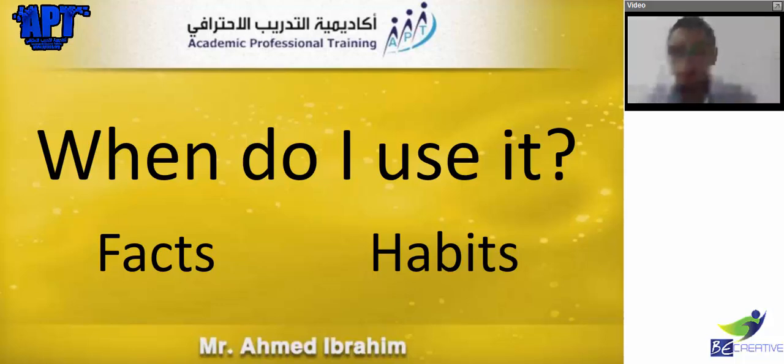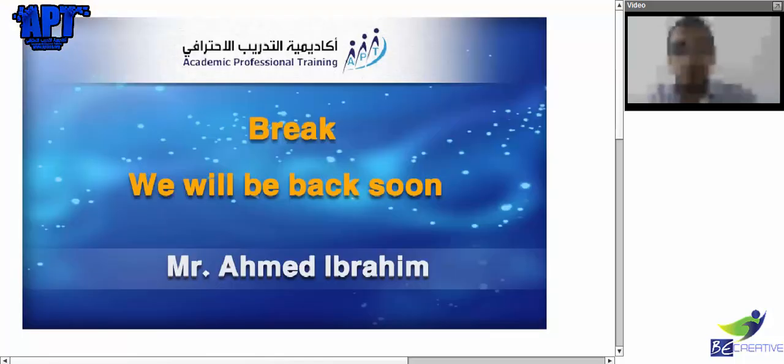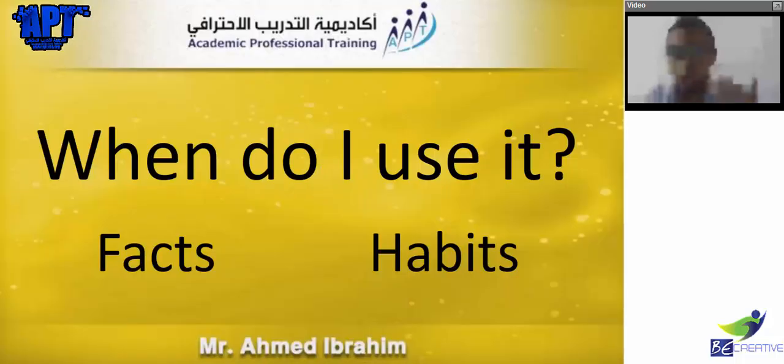What's the meaning of both of them? Habits are an action that I do on equal periods of time. Like what? Something you do every day, every week, every month. For example, I wake up early every day. I go to school almost every day.